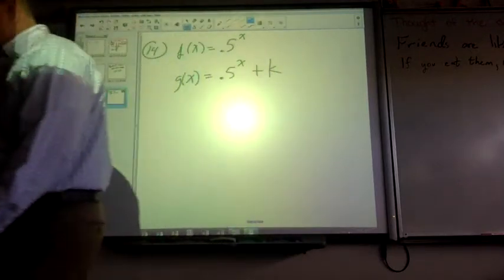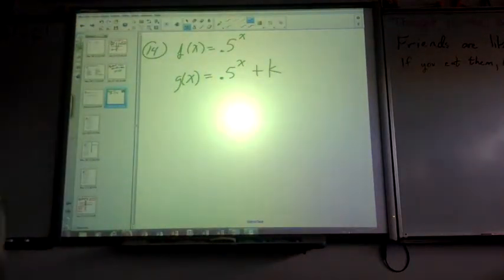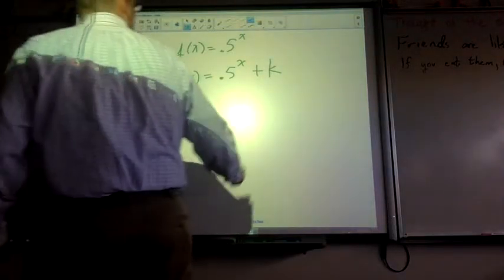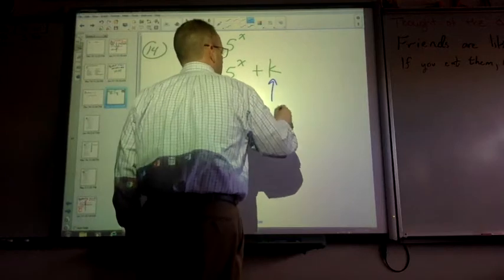Can I look at my very first graph and agree that my asymptote is y equals 0? Agree? What does it appear to be on the second one? Look at it. -2. This appears to be -2.